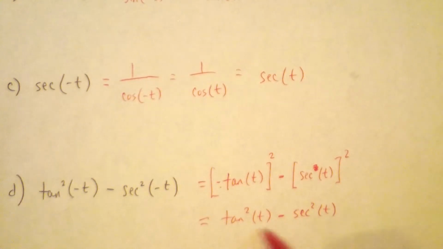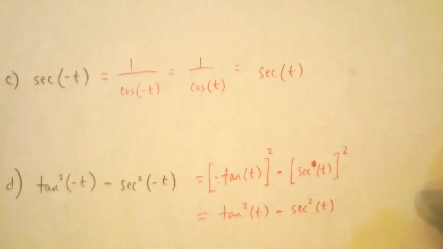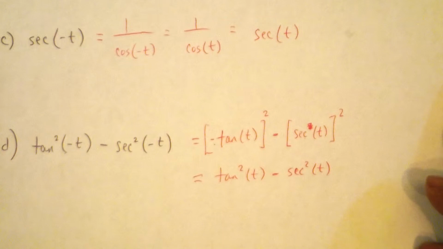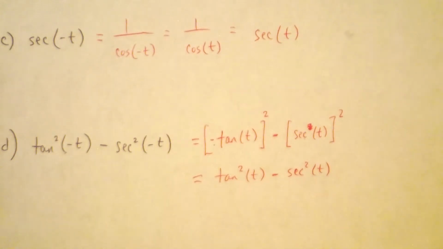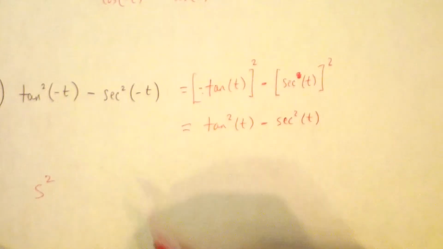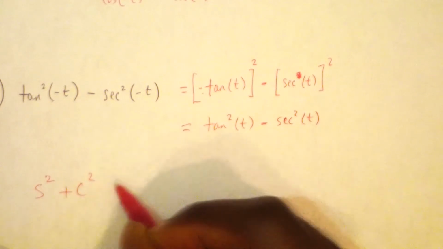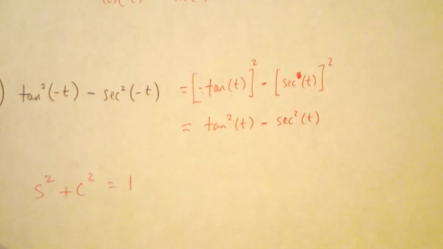Now, this is what this ends up being, but if you remember, this may actually resemble some type of trigonometric identity. So we want to check that out. To look at this, we could take sine squared and cosine squared and have that equal 1. What we can do here is divide both sides by either cosine squared or sine squared to see the identity.